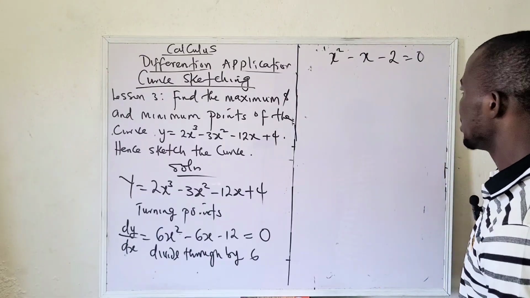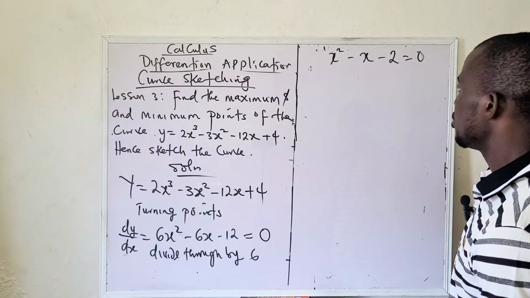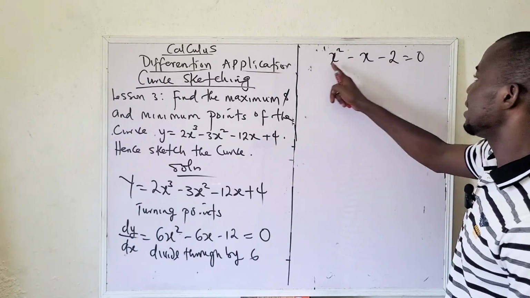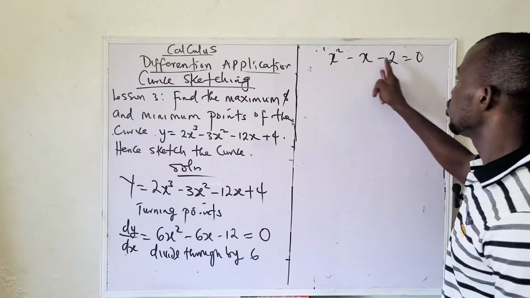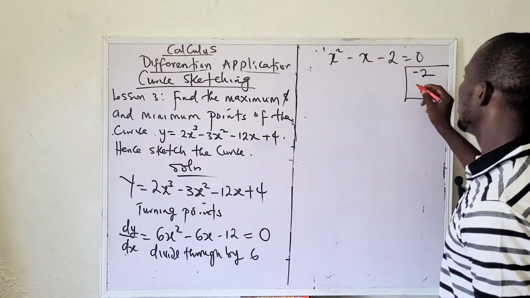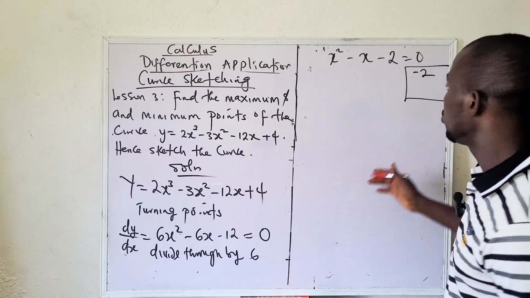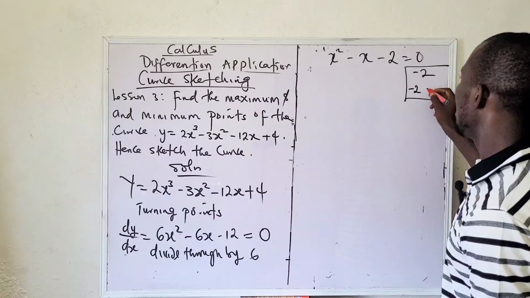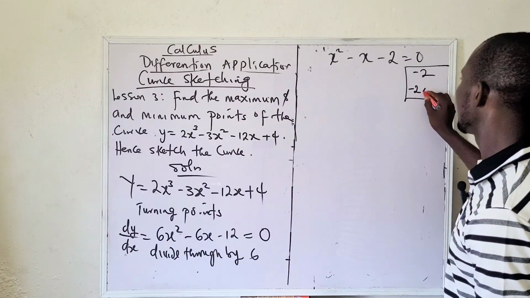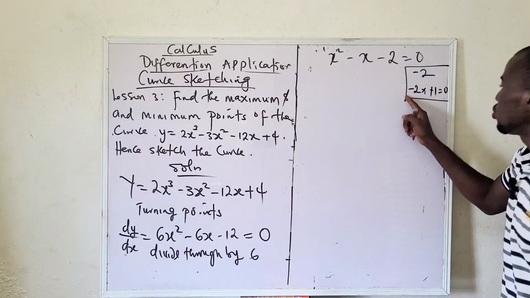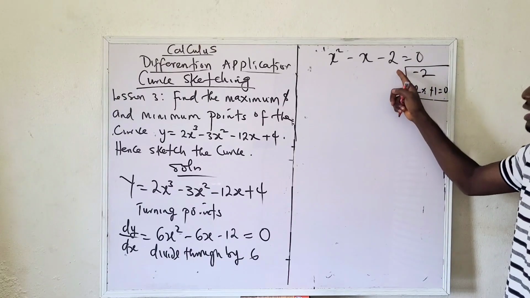So we want to factorize this. To factorize this, you need to break it apart. This has a coefficient of 1, so we are looking for numbers that multiply to give negative 2. We have minus 2 times plus 1, that will be negative 2.